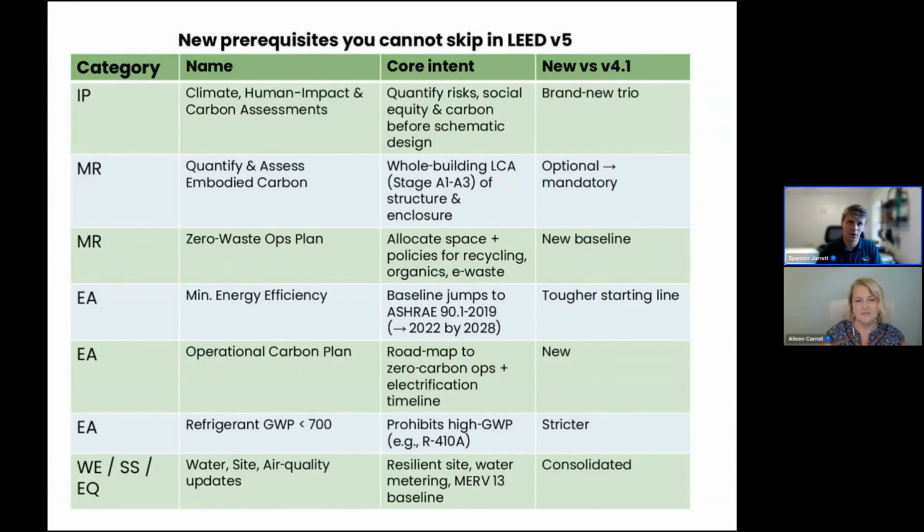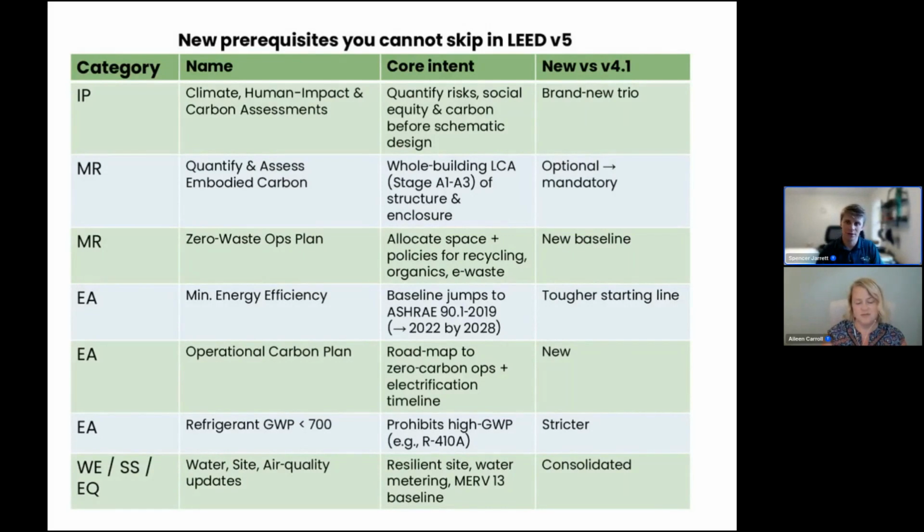And 3, a whole building carbon assessment before schematic design, really focusing on the structural components at that point. So as you can see, even the IP credit has an embodied carbon element to it that will have to be considered to even have the project certified.